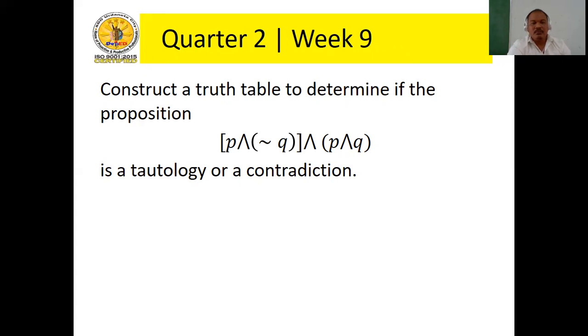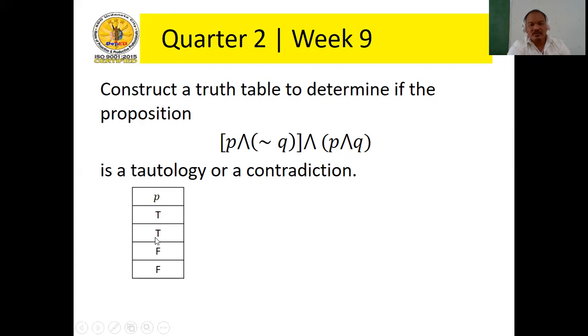Now, since we have two propositions, we expect to have 4 rows. We start with the column of P: 4 rows, 2 true and 2 false. Then for the column of Q, alternate true, false, true, false.